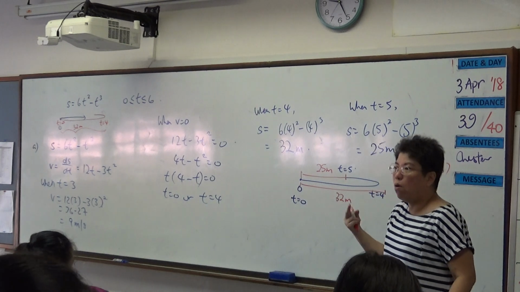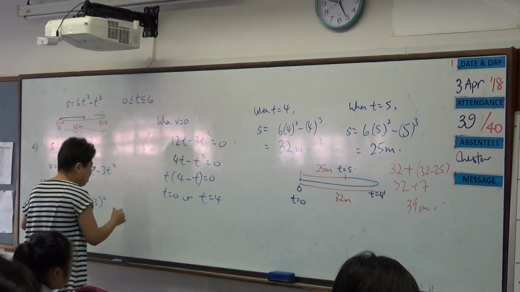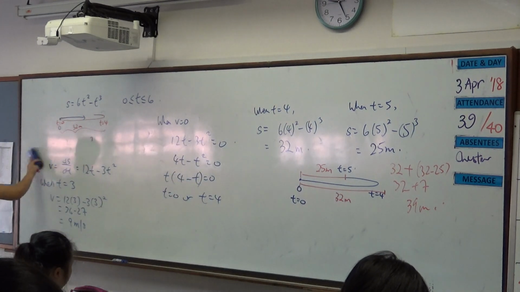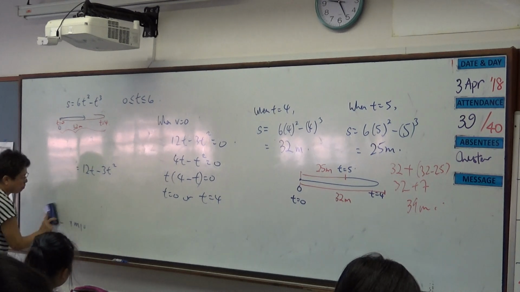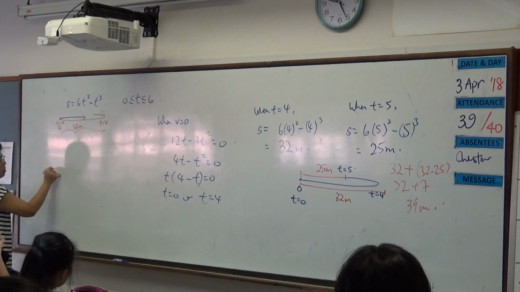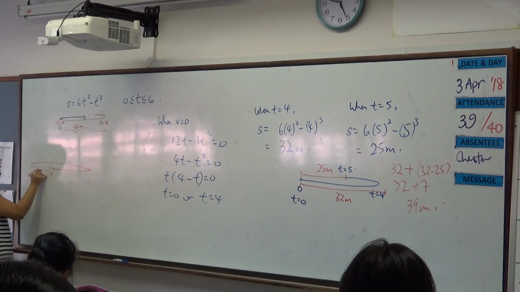Now, let me ask you, what if at t equals to 5, let me give you another scenario. I've drawn here, okay? Let's say this particle travels very fast, and at t equals 5 it goes to the other side. And this one is negative, let's say 5 meters.